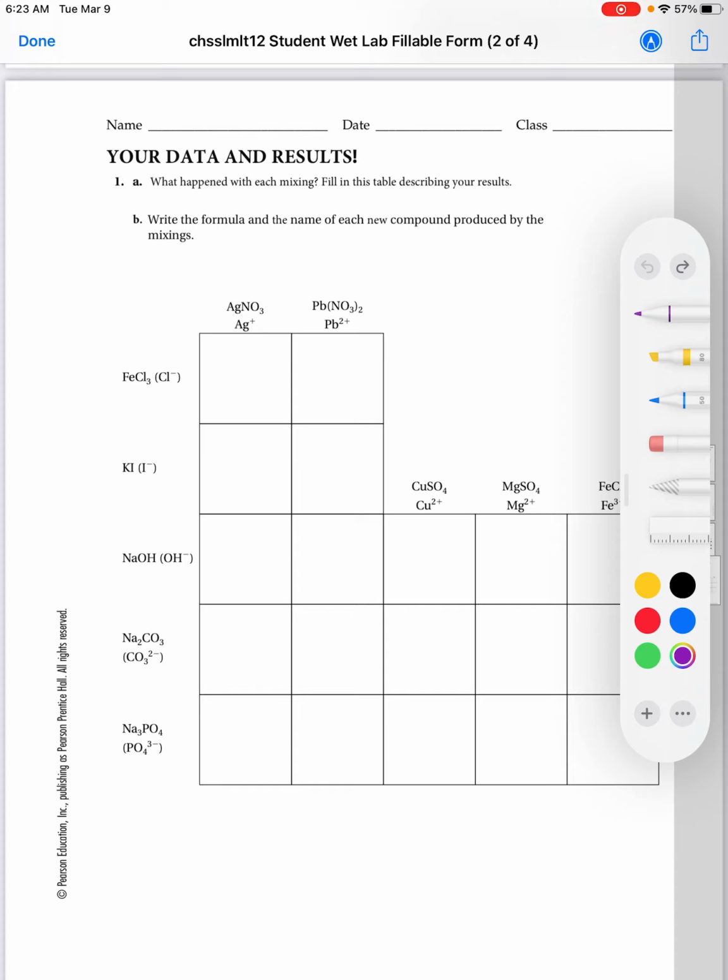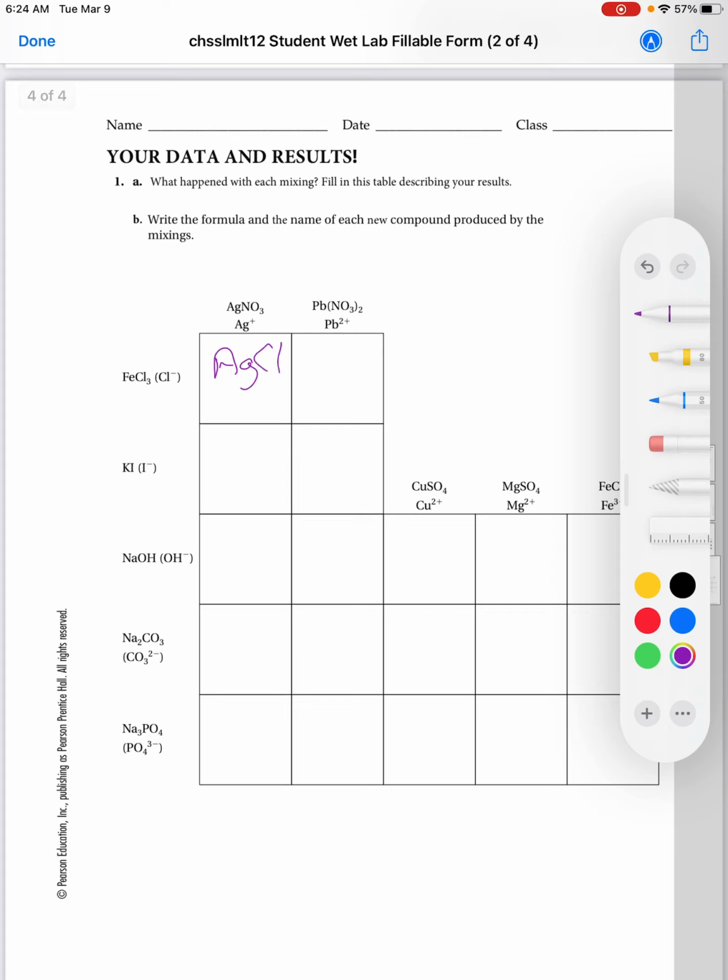So when I mix silver nitrate with iron chloride, I make silver chloride. And when we look at what that precipitate looked like, it was an off-white precipitate, and we made a compound, silver chloride, AgCl.